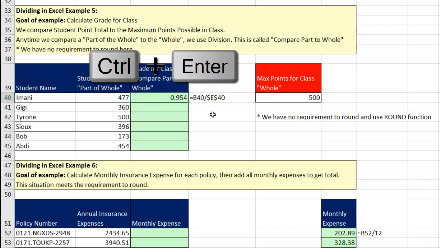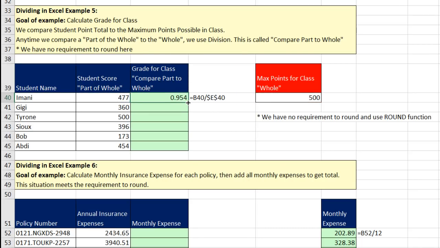Now I Control Enter and double click and send it down. Now for each one of the students, we have calculated part divided by whole. That is a decimal or proportion of the total possible points. Later, a couple of videos ahead, we'll see how to convert that to a percentage.